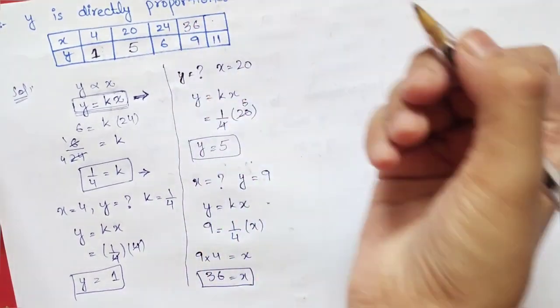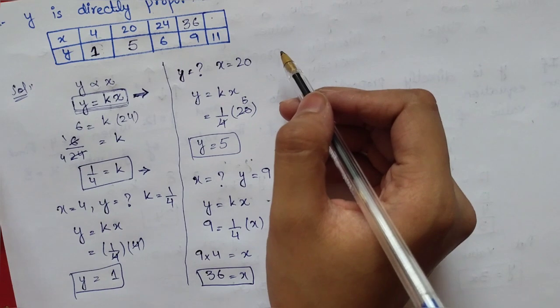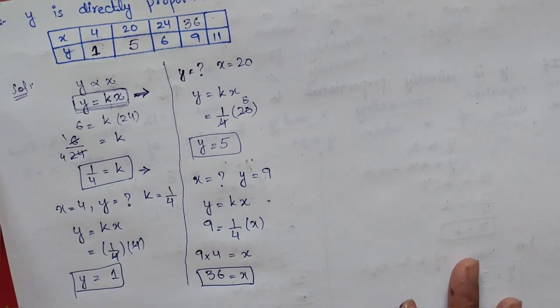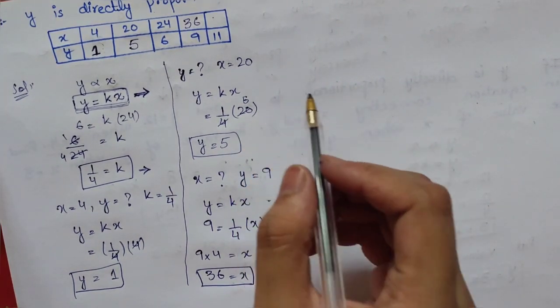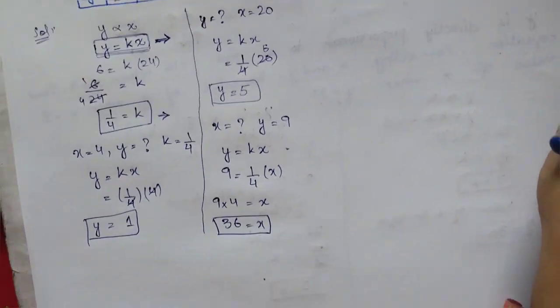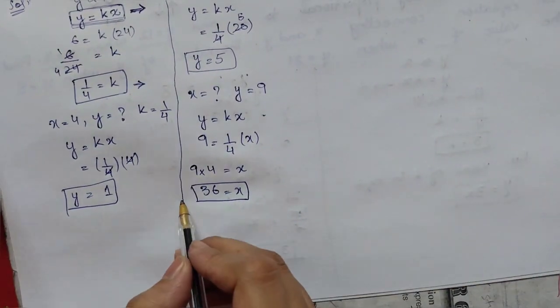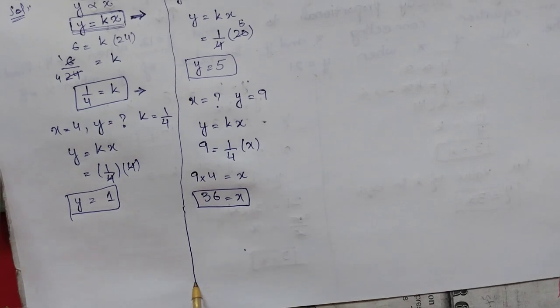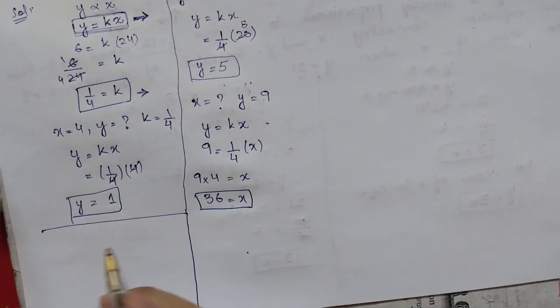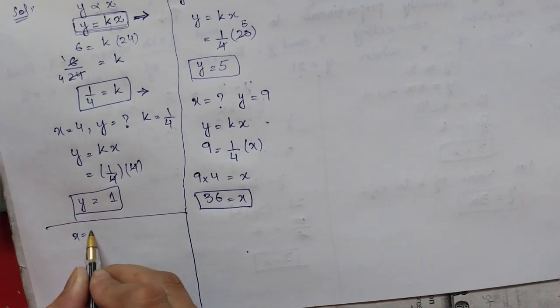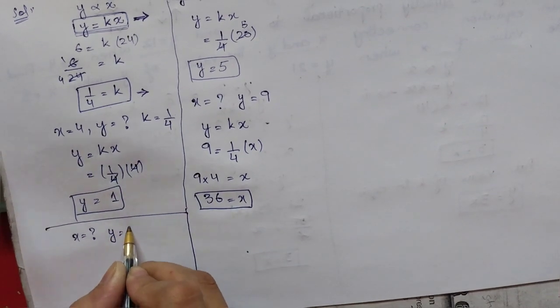I'm filling it simultaneously so we don't have to find what went wrong or anything else. Okay, next we have to find the value of x again when y is 11.